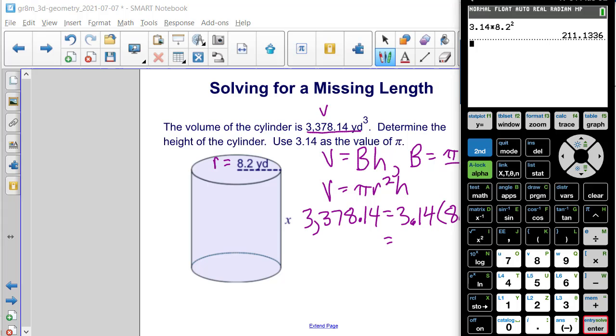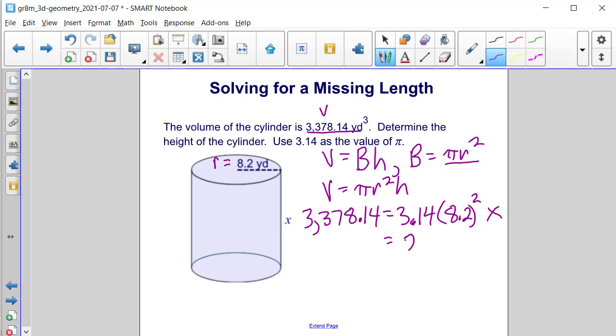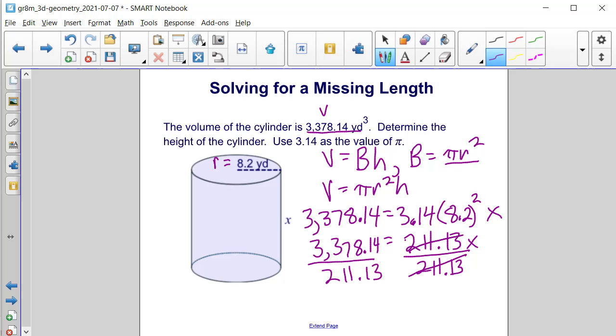211 13/100 x is equal to 3,378 14/100. And then if we divide both sides by 211 13/100, these cancel out and we're left with x.